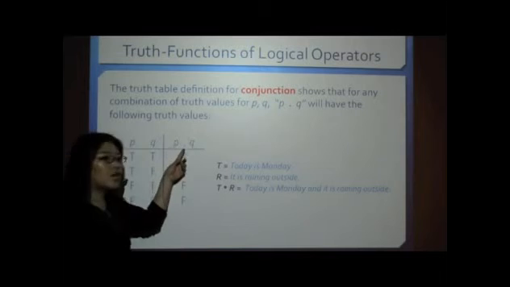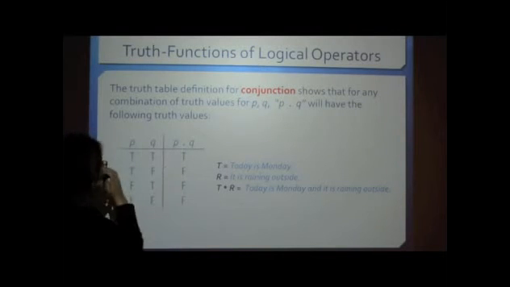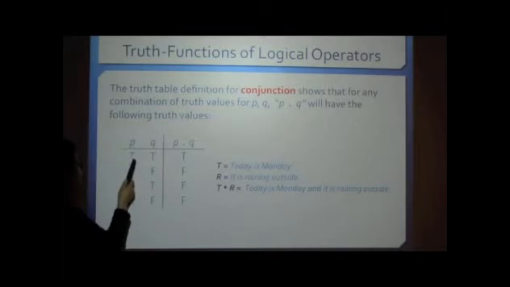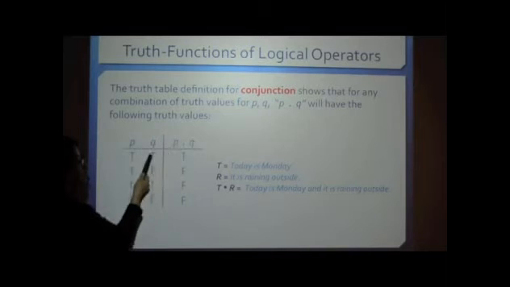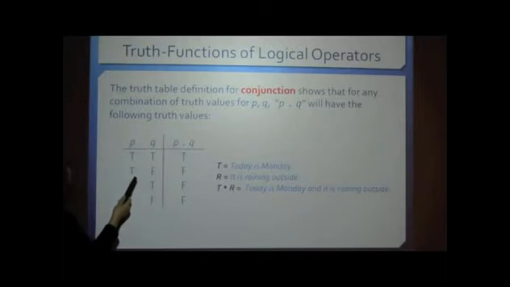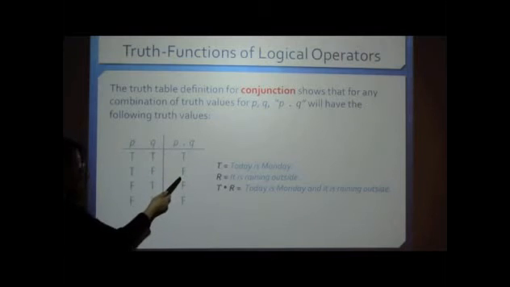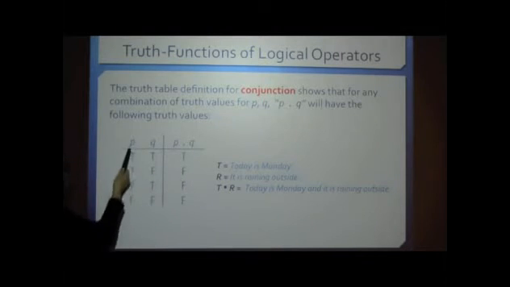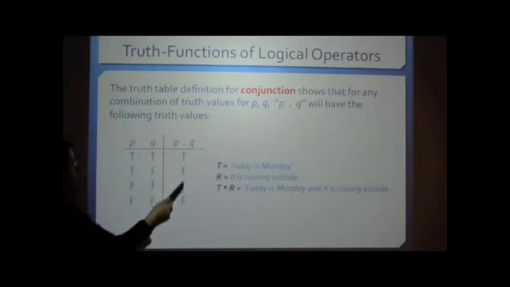The meaning of the dot is given to you by this truth table. This truth table tells you that whenever P is true and Q is true, the conjunction will be true. Whenever you have P being true and Q being false, this conjunction will be false. Also, whenever you have P being false and Q being true, the conjunction will be false.